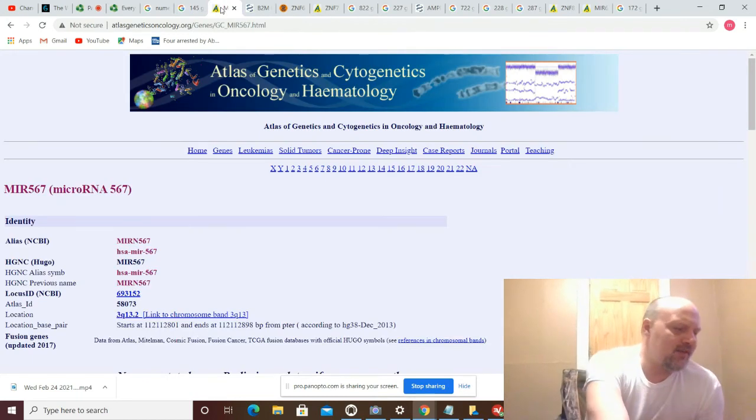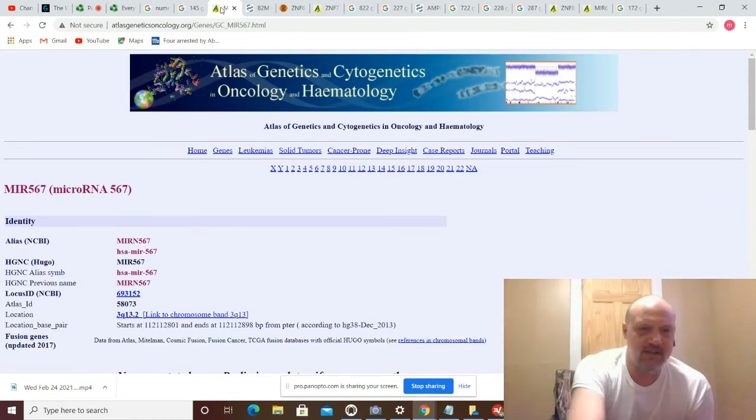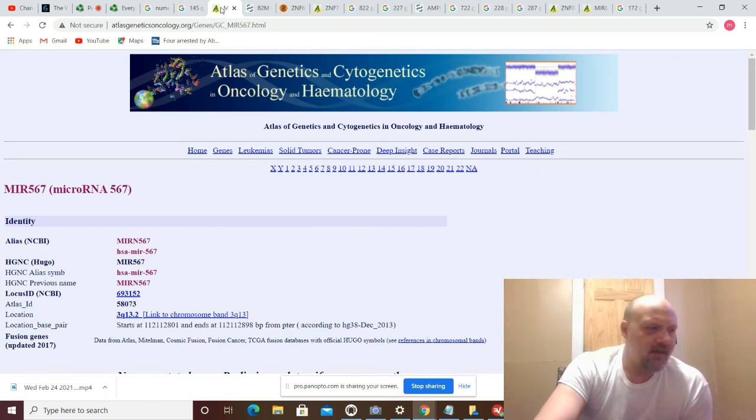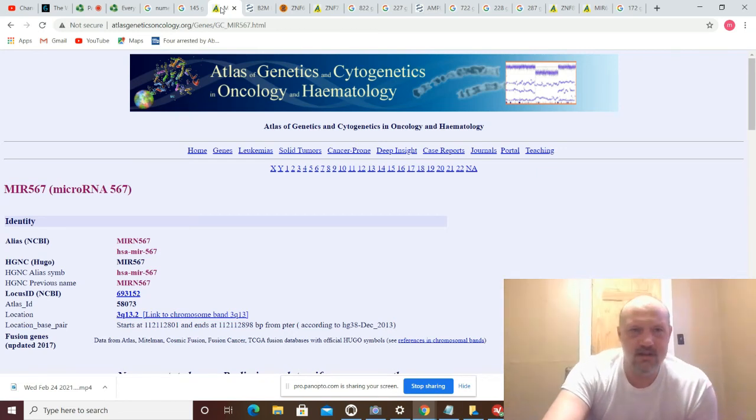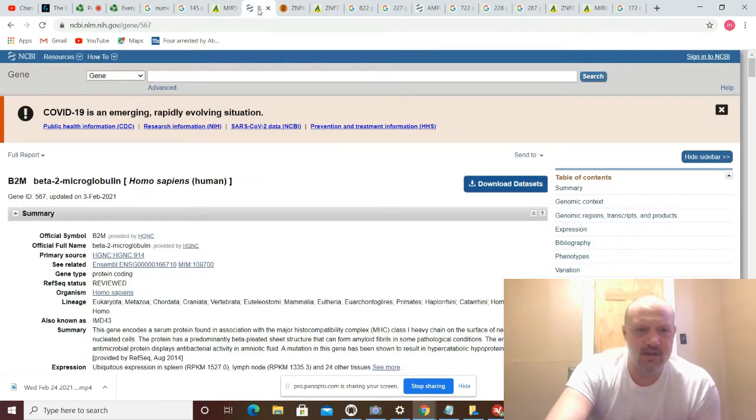And next is 567, and that ends up being beta 2 microglobulin. And you can see gene ID 567.